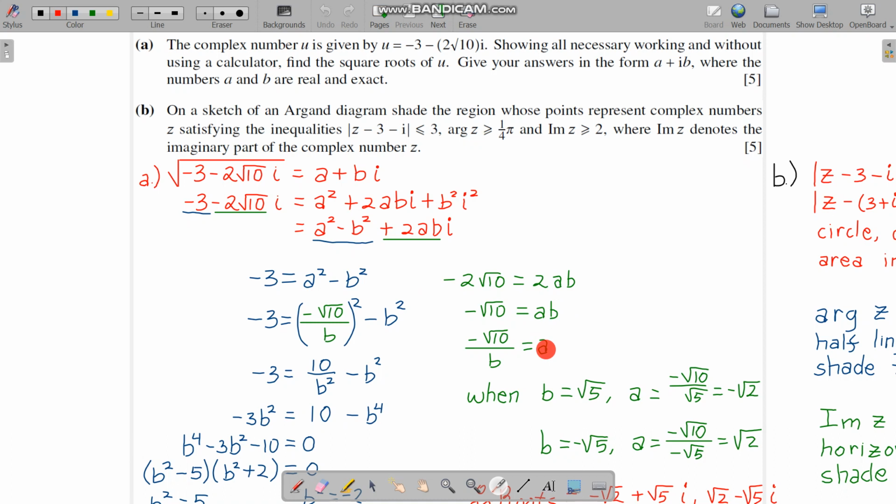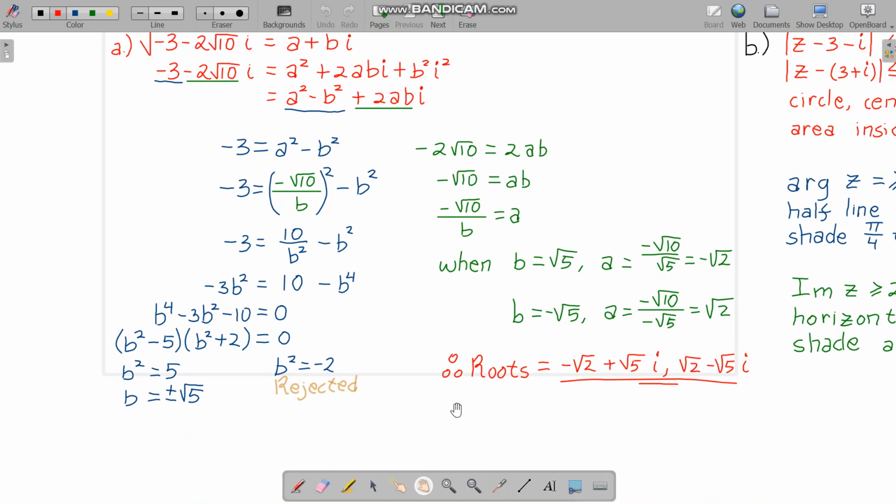From here you can substitute the a, and then you can solve the quadratic. We get the value of b, and plug in here, you get the value of a, we get the square roots.